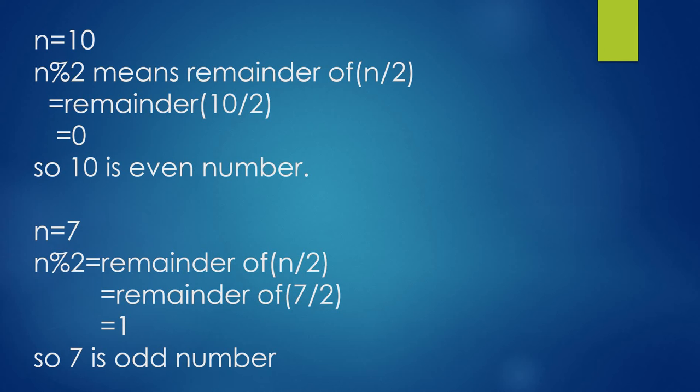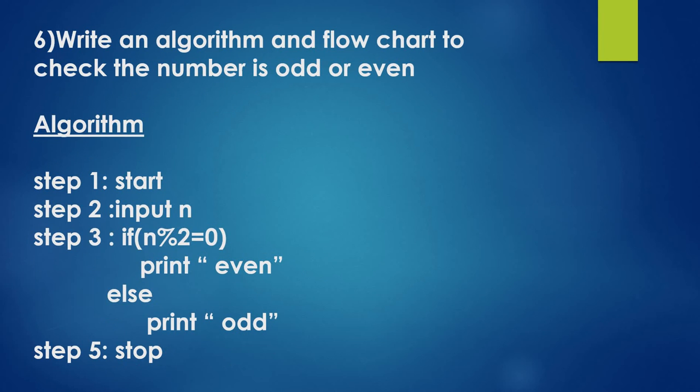Then how to write the algorithm? In the algorithm, step 1 is start. Then which is the input? The number for which you are going to find out even or odd is the input. Step 2 is input n. Here we use the variable n for that number.